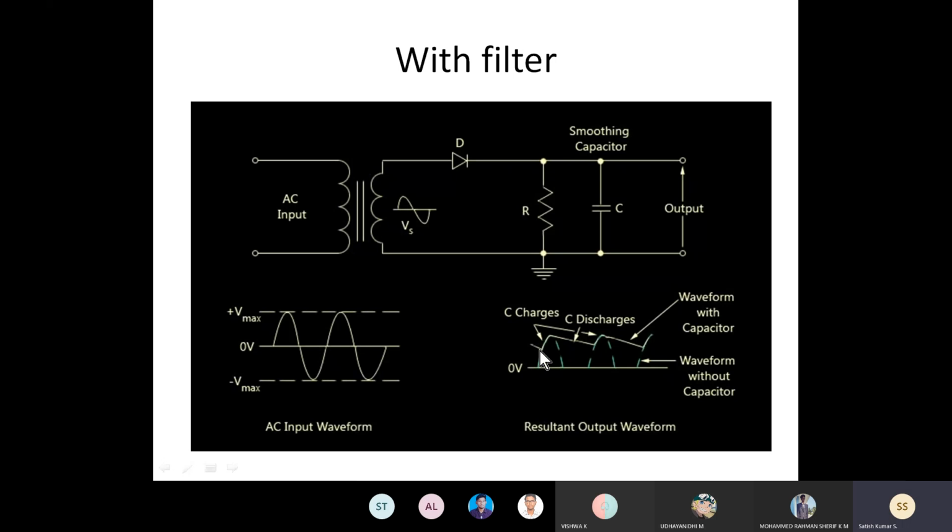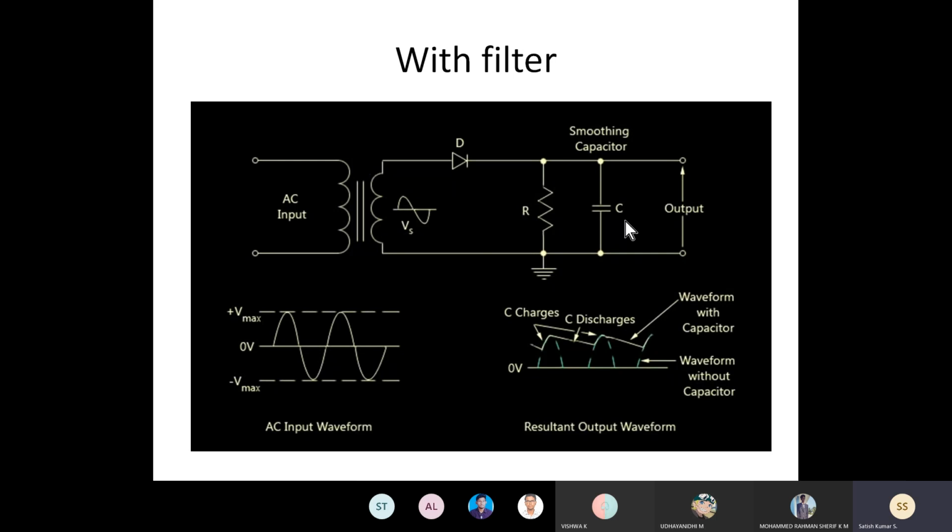We are going to filter. It won't allow AC; it will allow only DC. In a single line, the capacitor won't allow DC, it will allow only AC. Sorry, it won't allow AC, it will allow only DC.